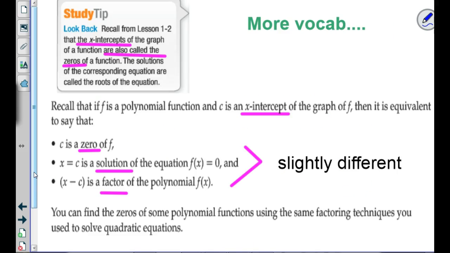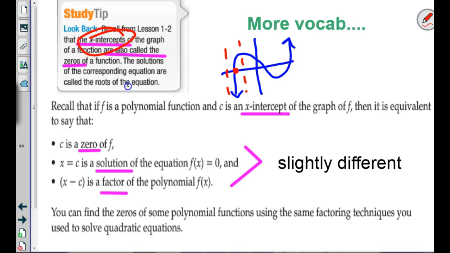All right, a little more vocabulary. When we talk about zeros, we use the word zero on the calculator, right? We say, I'm going to find a zero between, and we put a little line here and here, and it finds this. But that zero can also be called an x-intercept, right? So x-intercepts and zeros we're good with. It's also called a root or a factor.